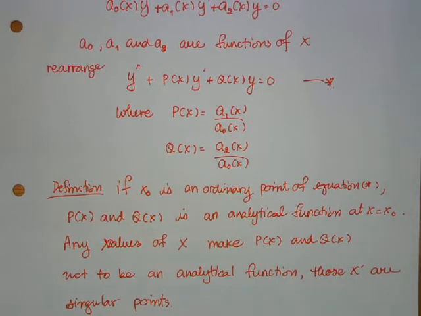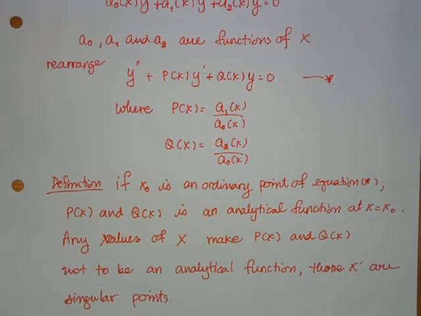Any values of x that make p(x) and q(x) not analytic functions are singular points. That's the meaning of the singular point. Any x that makes p(x) and q(x) analytic would be an ordinary point.